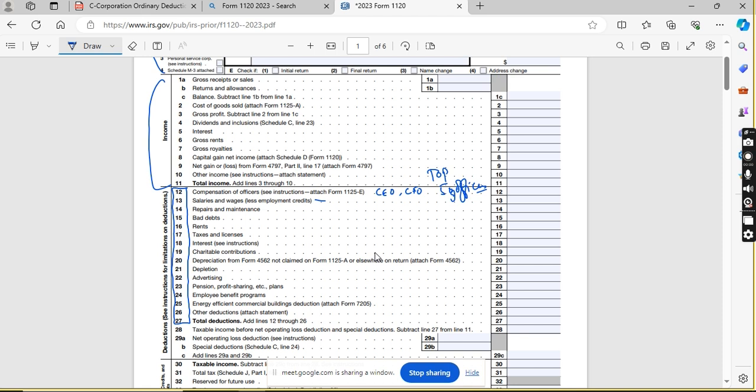For them, if their compensation is below $500,000, then you can straight away write it here on line 12. If it is more than $500,000, then you have to attach Form 1125-E.